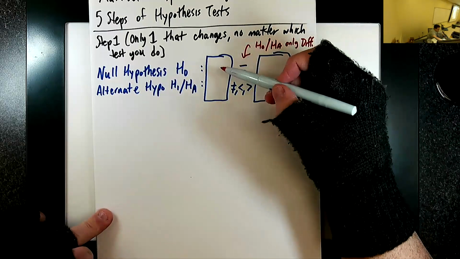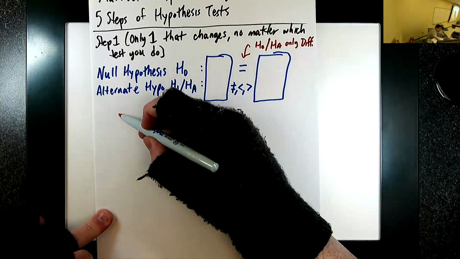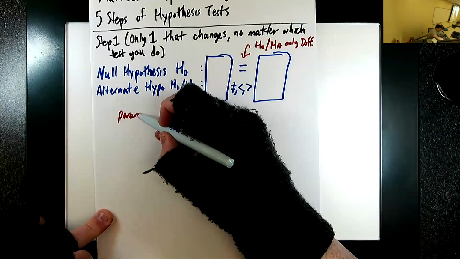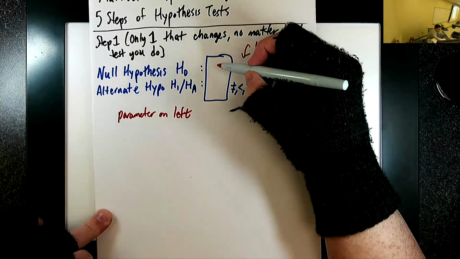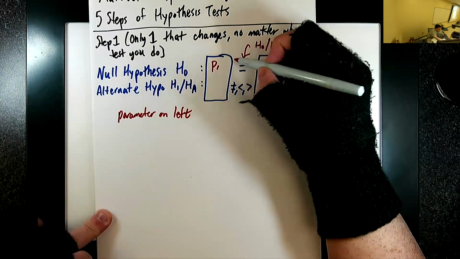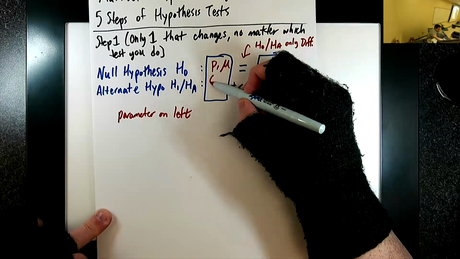On the left side, when we're doing one sample, our parameter goes on the left. This is P for proportion. We could be looking at the mean. We could be looking at the standard deviation.